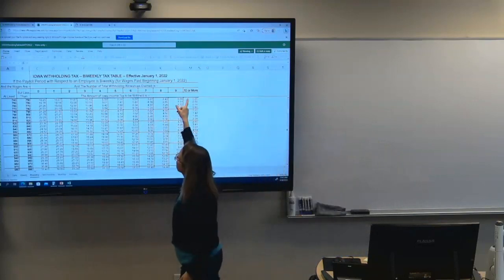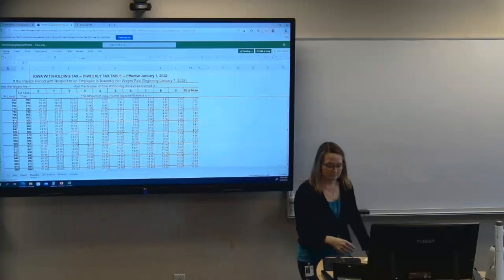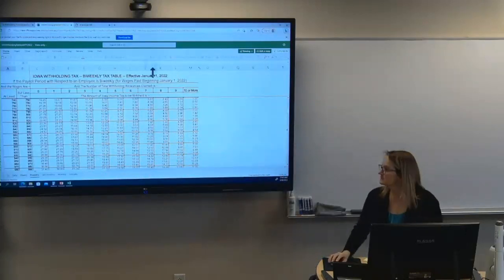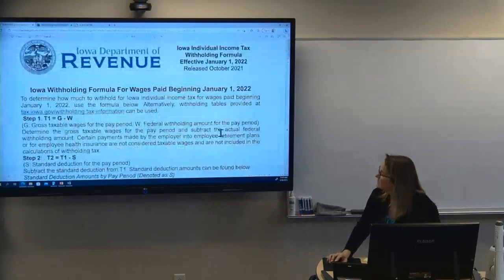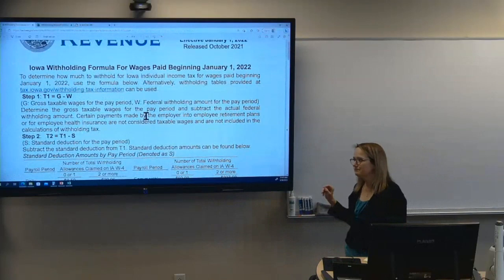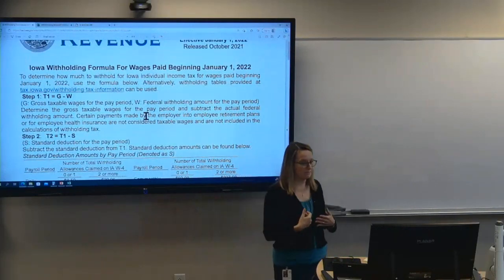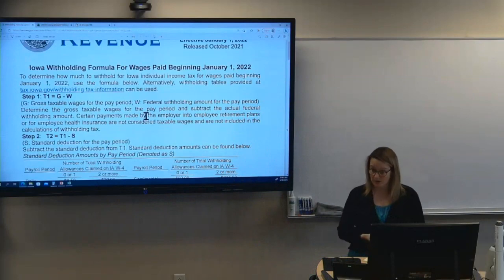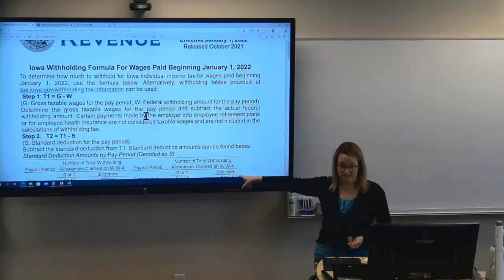So again, withholding allowances up here, wage levels over here. This is only if you go up to a certain level of income. If you cannot use the wage bracket method and have to use the percentage method for Iowa, then you have to follow these steps.